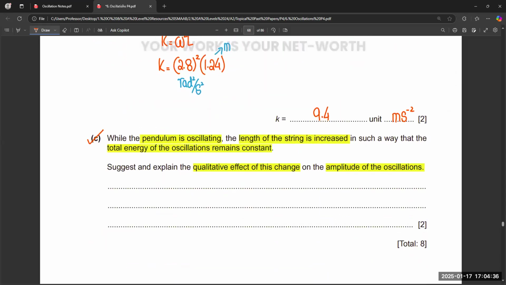Or we can also use the equation we derived from energy, half m omega square x naught square.